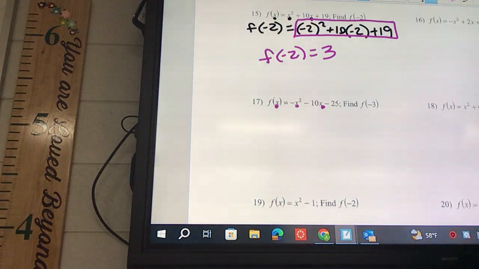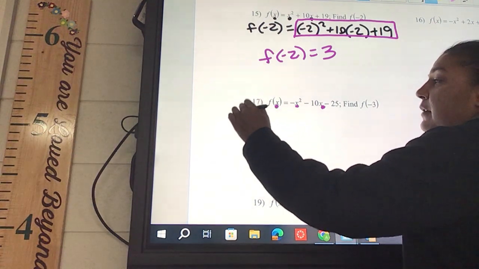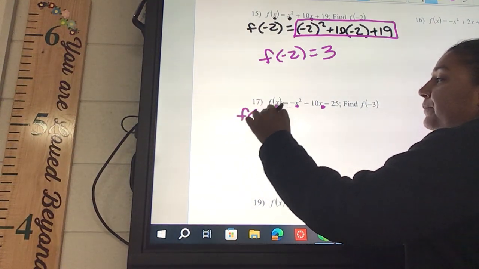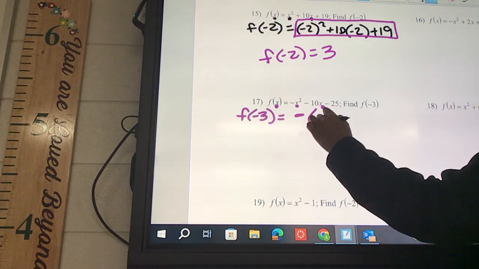Okay, 17, be very careful about how you're copying and writing down. When we have extra negatives like this, it makes it a little bit more complex. So we got f of negative 3 equals negative, and then you're going to do your parentheses.